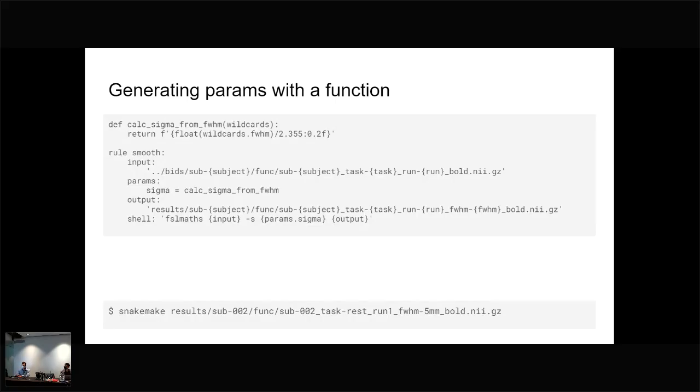That's called a Boutiques descriptor. And then you can use that descriptor. It's used in CBRAIN and a number of other compute platforms. So it's just a way of describing the API, the interface of the app, in a way that other tools would understand it.